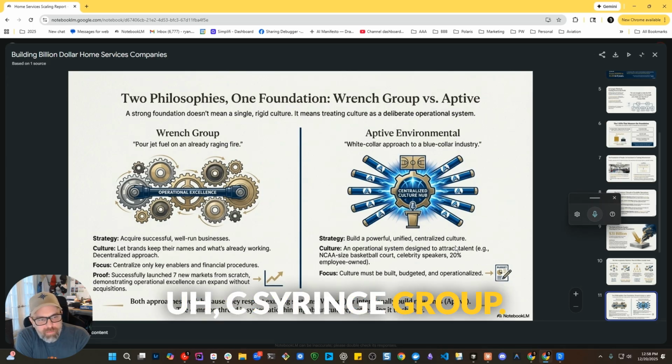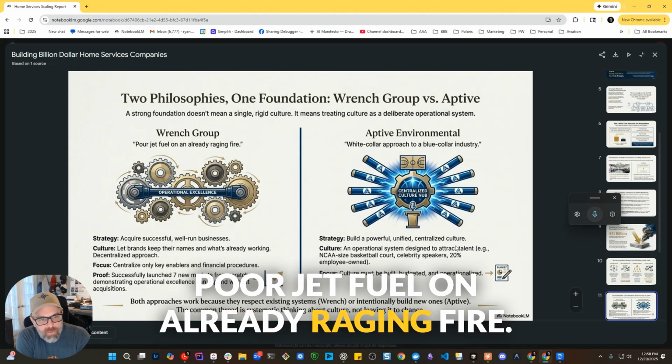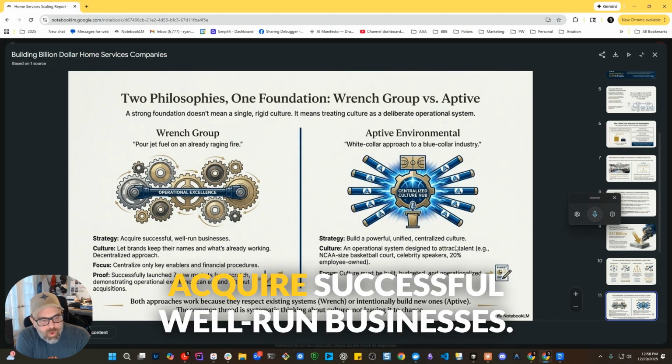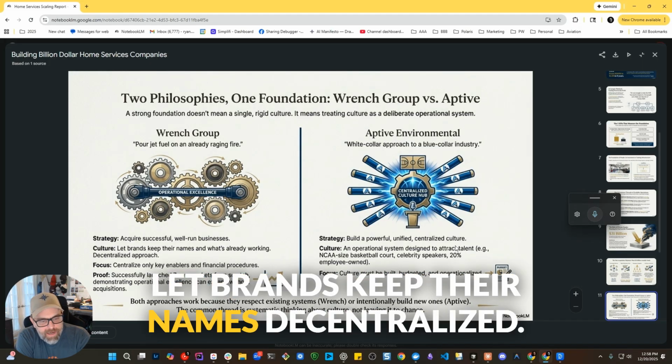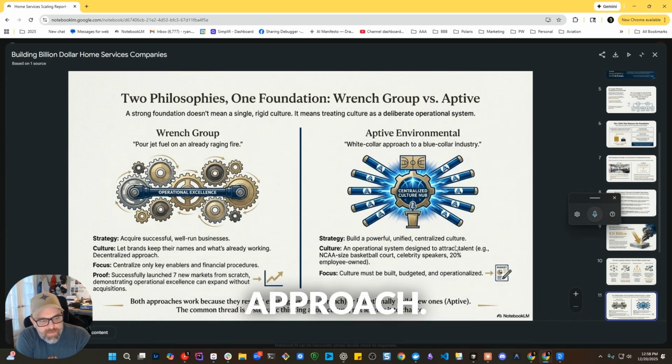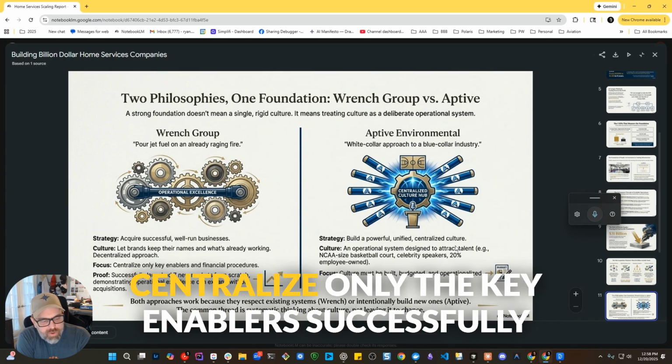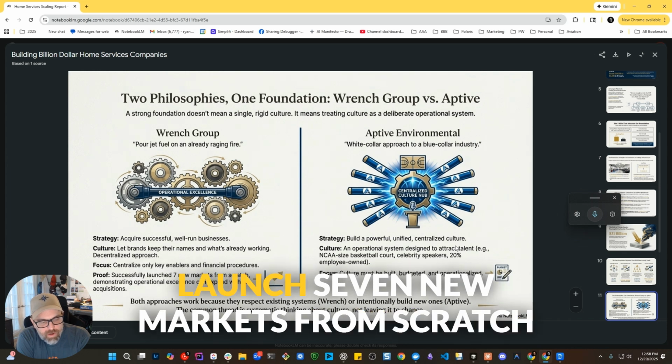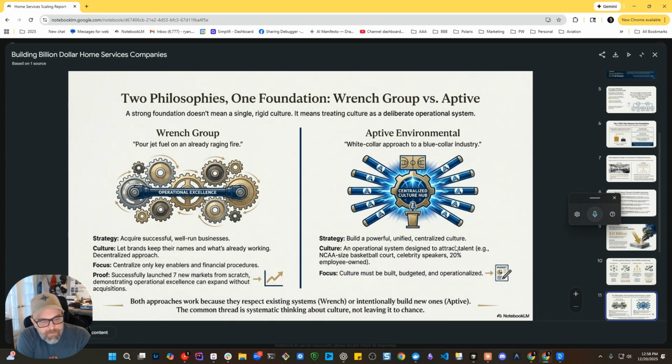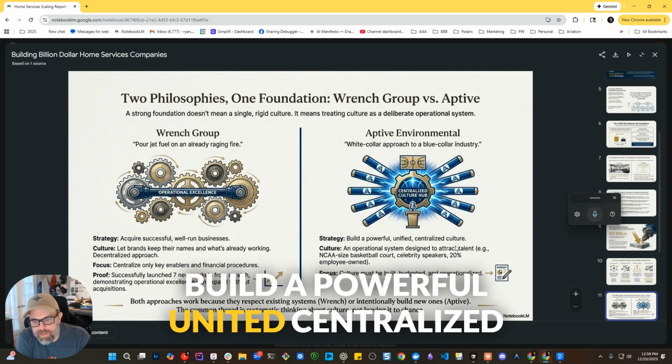So Wrench Group, pour jet fuel on an already raging fire. Acquire successful, well-run businesses. Let brands keep their names. Decentralized approach. Centralize only the key enablers. Successfully launch 7 new markets from scratch. And on the right, build a powerful, united, centralized culture.